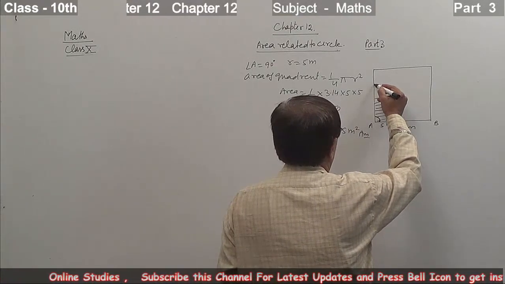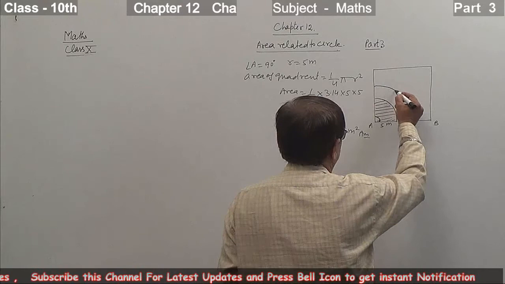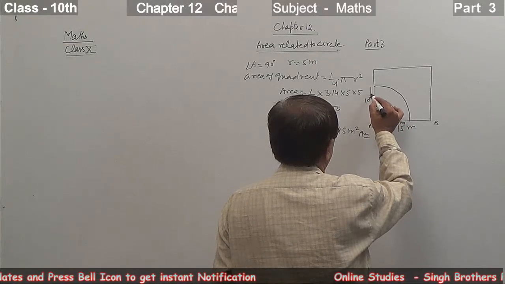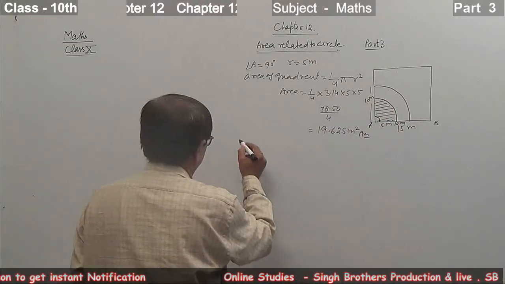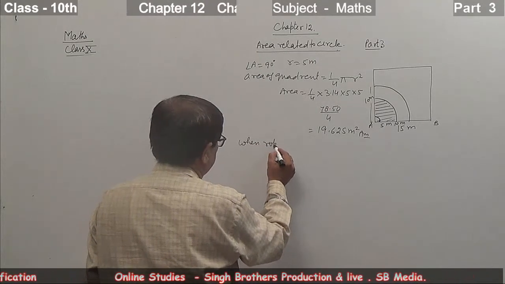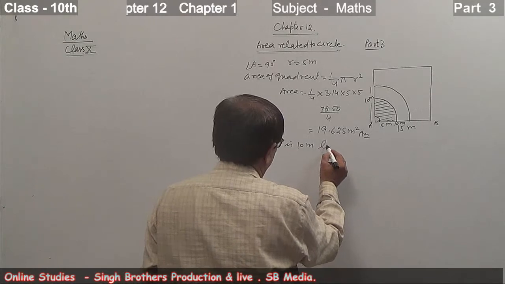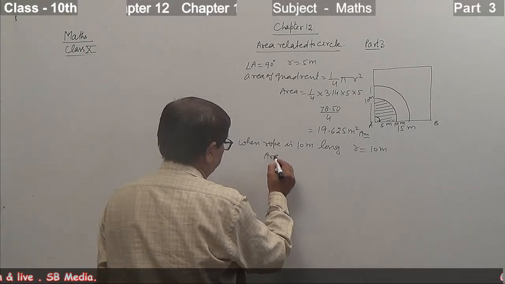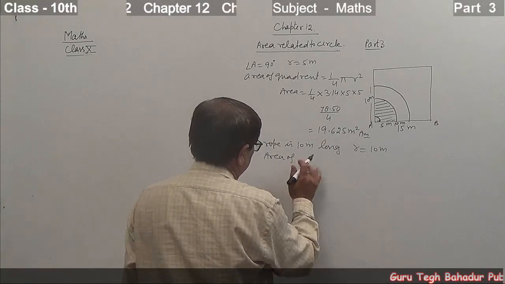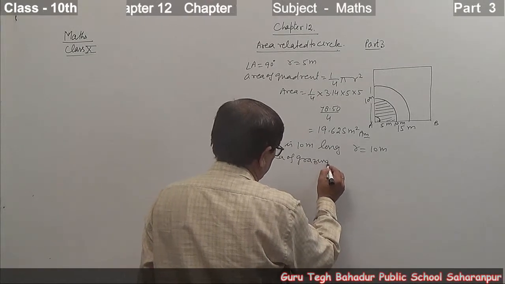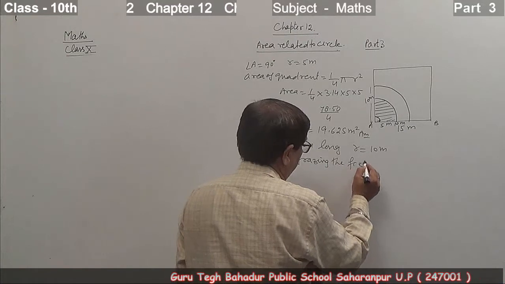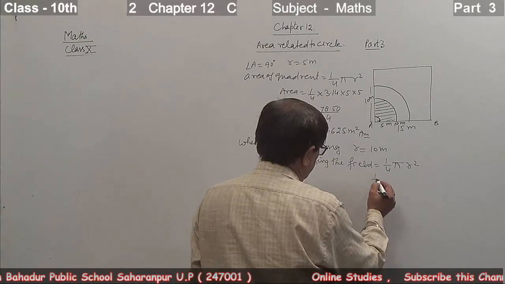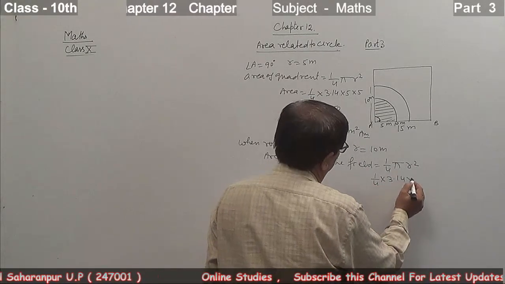So now the length is 10 meters. When the rope is 10 meters long, the radius will be 10 meters. The area of grazing in the field is 1/4 pi r square, 1/4 into 3.14 into 10 into 10.